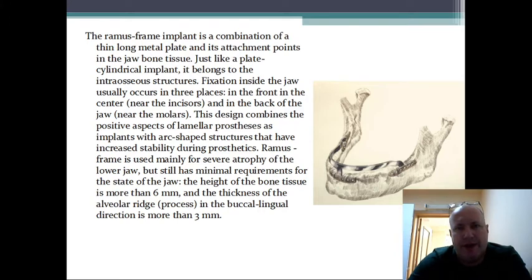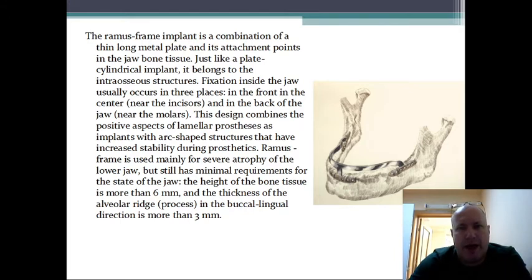Just like a plate cylindrical implant, it belongs to the intraosseous structures. Fixation inside the jaw usually occurs in three places: in the front center, near the incisors, and in the back of the jaw, near the molars, two times.